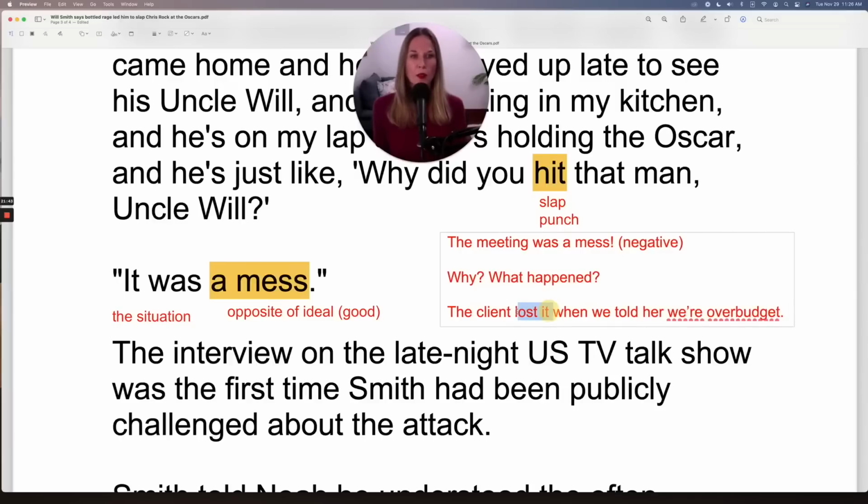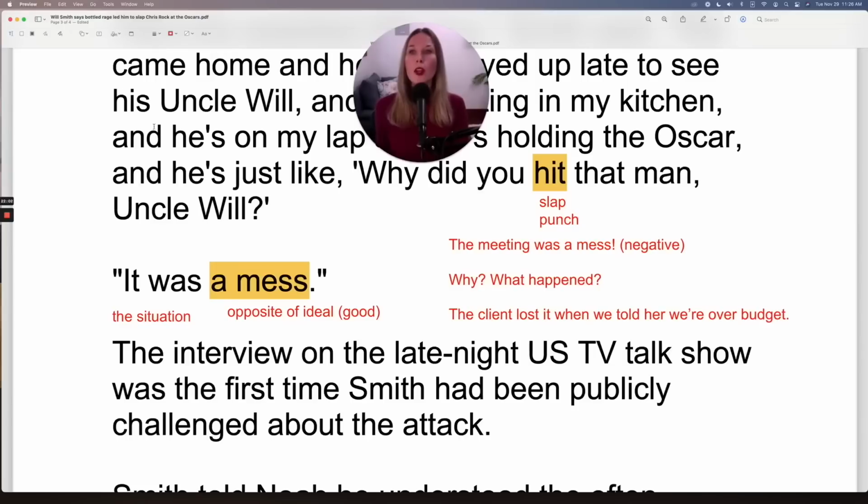Remember we talked about to lose it. The client could not control her emotions or her actions. What do you mean you're over budget? This is unacceptable. And the client lost it. So the meeting was a mess. You can also use this for a room in your house.